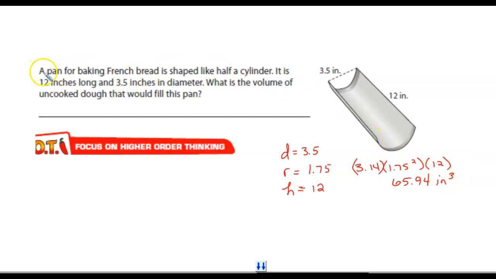But remember, this is like half of a cylinder, so I need to divide this by 2, and 65.94 divided by 2 is 32.97. And if I were to round it to the nearest tenth, then it would be 33 cubic inches.